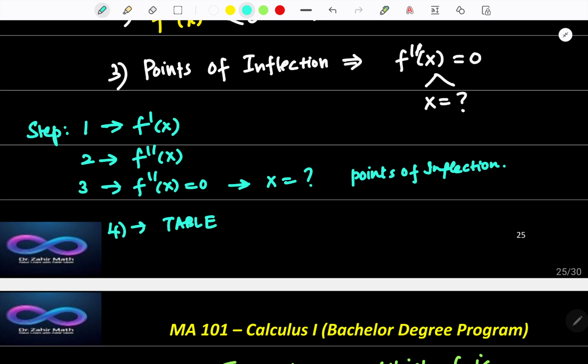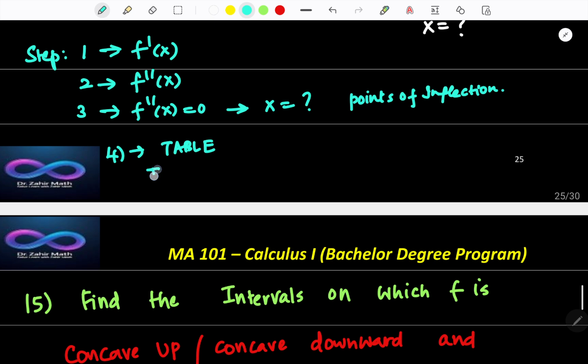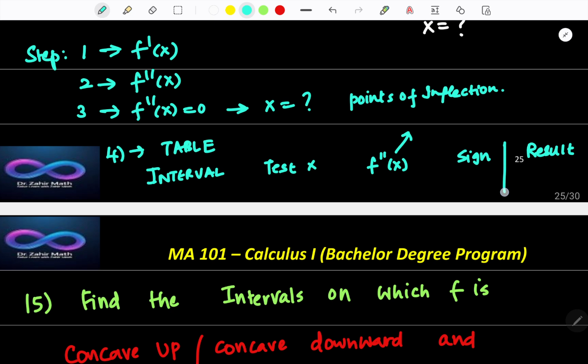How? Interval, and then test value x, then f double dash of x. Then you check the sign, then you give the result. Result means concave up or concave down. Clear everybody? So this is your table.